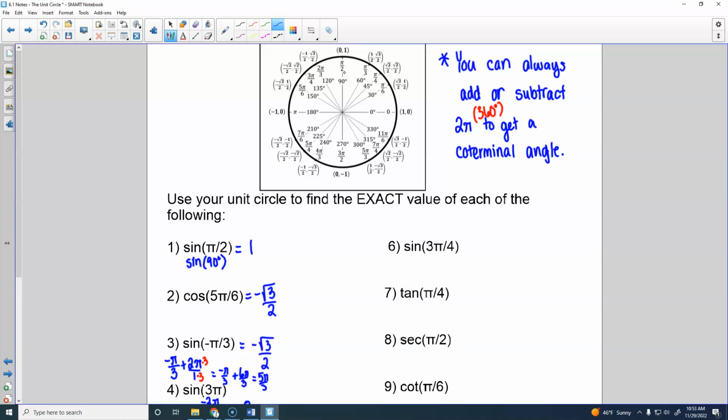You don't have to do it that way. You can just add or subtract 2 pi. If you have 14 pi over 2, you could just go around the circle, a quarter of the circle at a time. If it's positive, you're going in the counterclockwise direction. If it's negative, you're going in the clockwise direction.